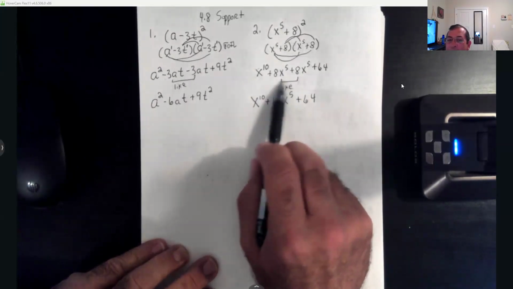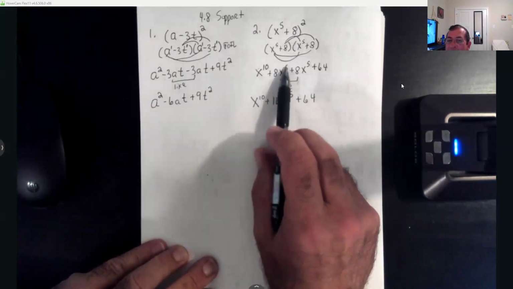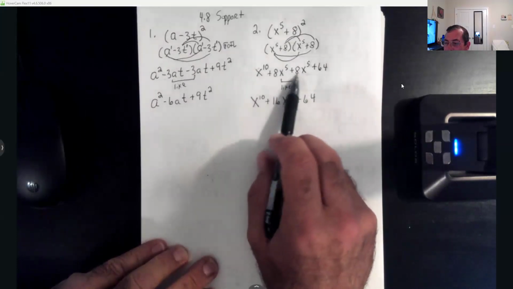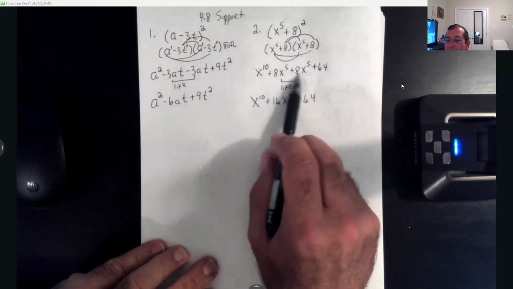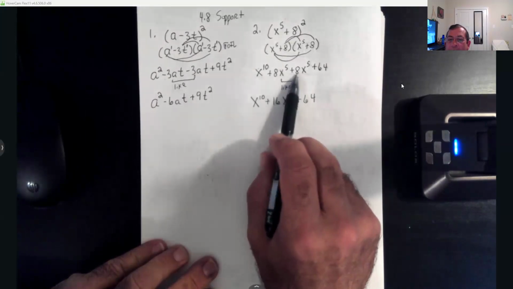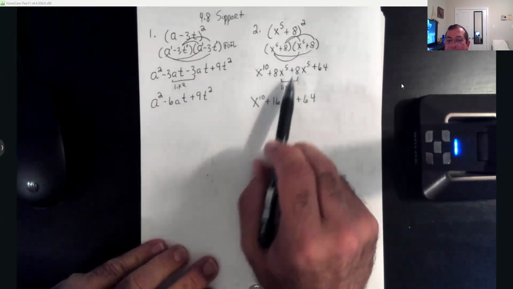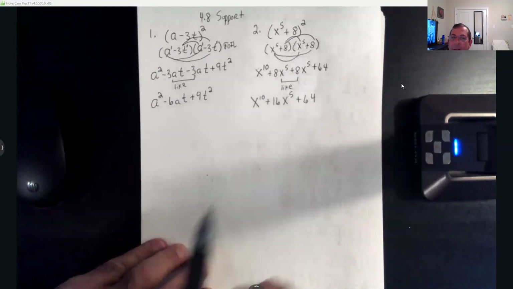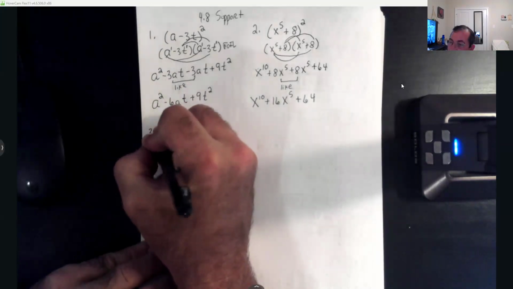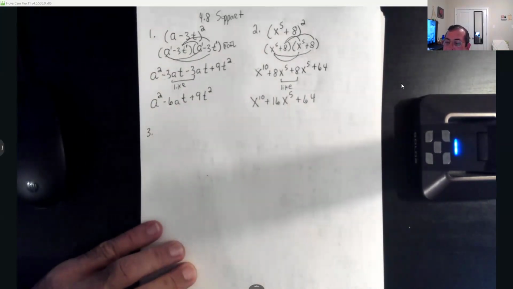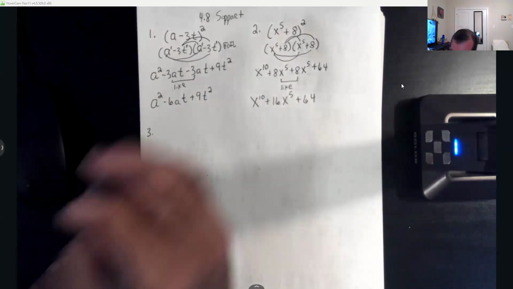Just remember, when you add stuff, you cannot change the variables. Cannot change stuff by adding. So 8 plus 8 gave you 16, x to the fifth. Okay? So just remember, cannot change exponents when adding or subtracting.